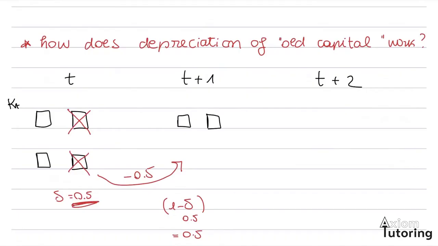We could assign 0.2, and in the next period, we would be left with 0.8 of the machines. And then, again, this depreciation takes place because it's a constant rate. We said it's exogenous. It's determined outside of the model. It's a parameter just given to us. And of course, in t plus 2, we're only going to be left with 1 machine. So again, this is how depreciation of old capital works.